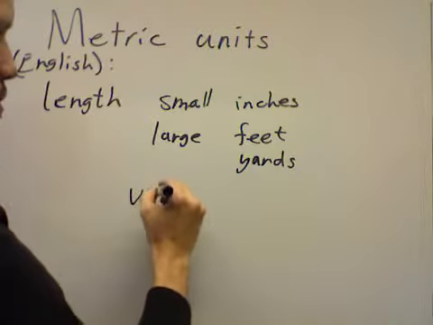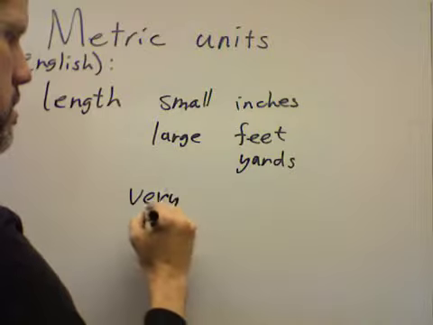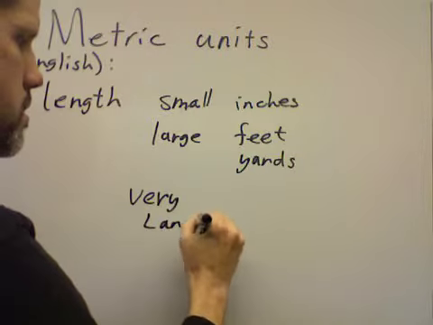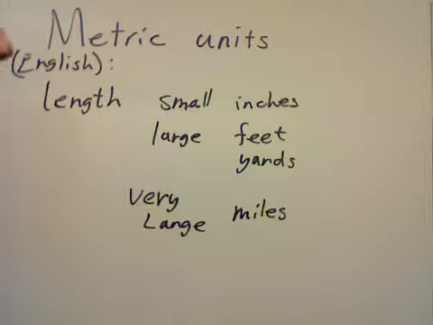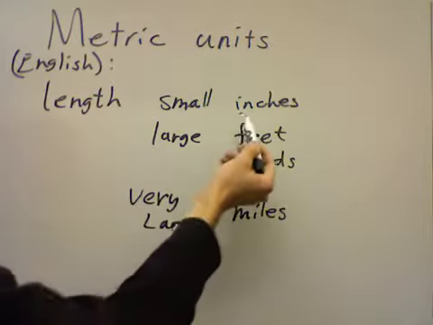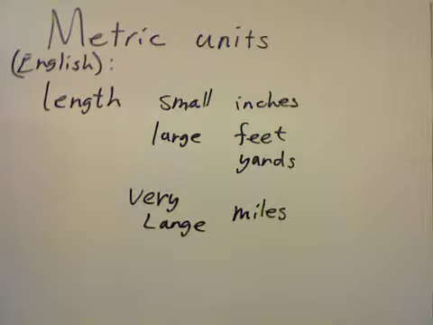And if I wanted to go for a very large object, I might use miles. Unfortunately, feet, yards, inches, and miles all have kind of funny conversion factors between them. And it makes for a big mess when you want to go from very small objects to very large objects.